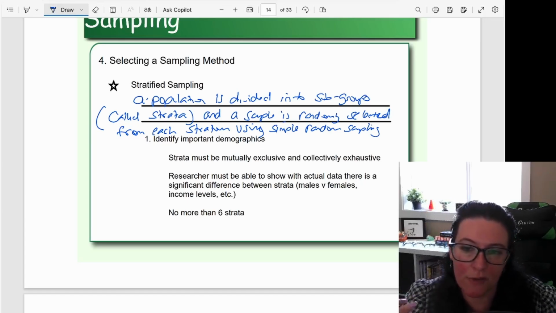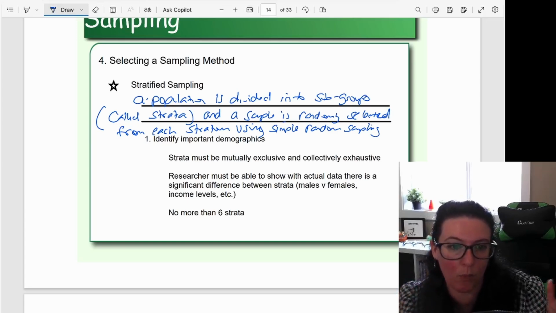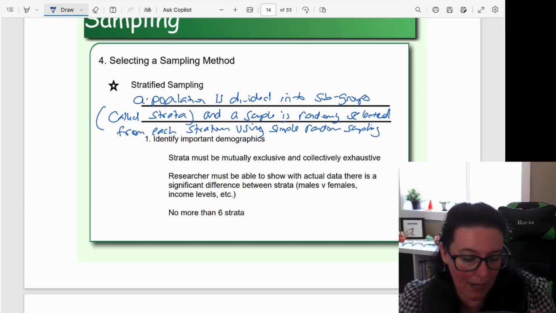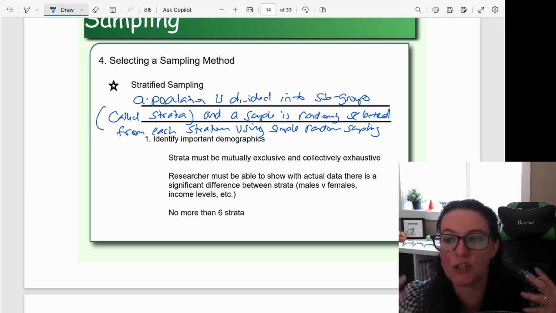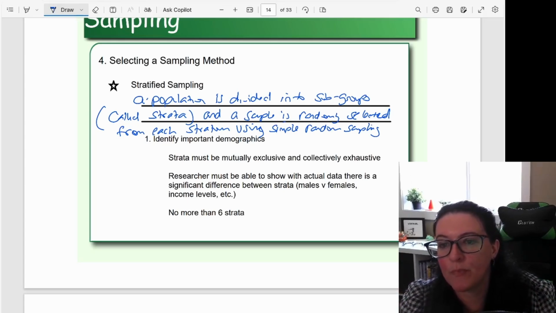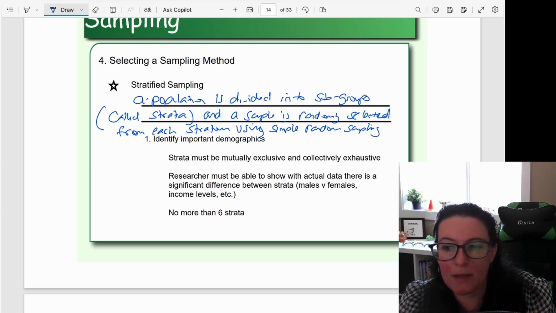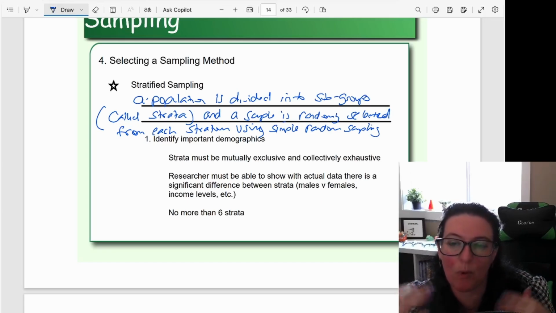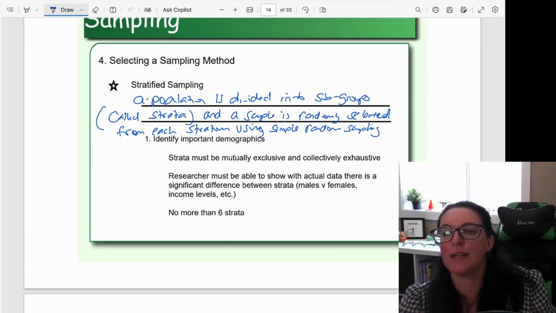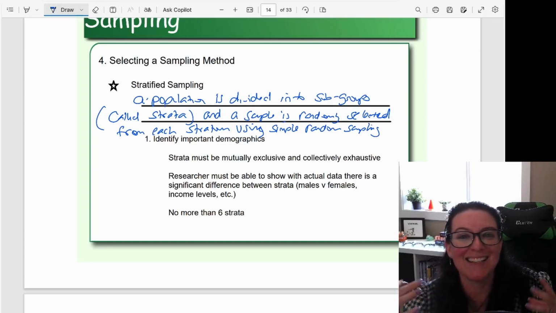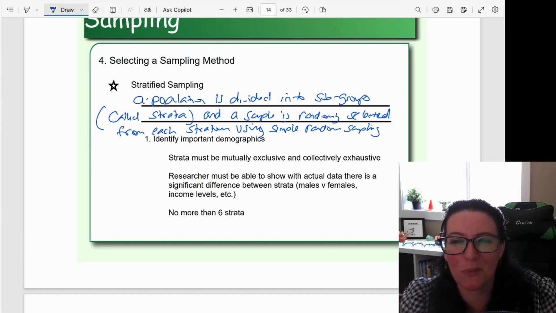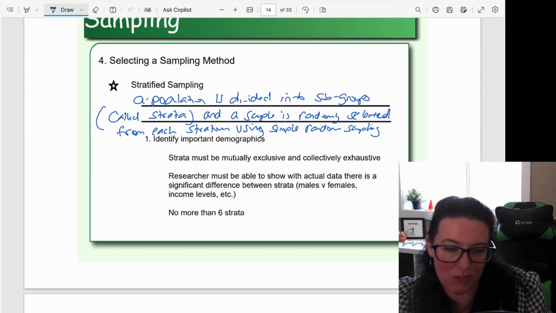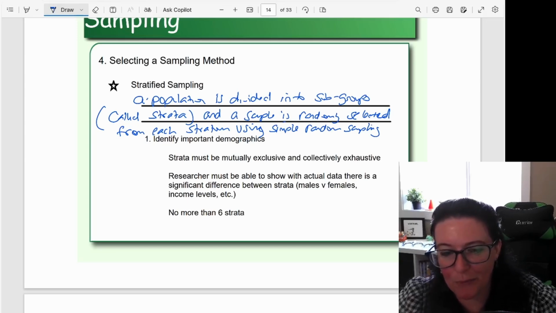Or maybe there are differences based on income level, gender identification, or the city they're in. So we look at what we are trying to represent in the sample. We need some information or data that shows there is a statistically significant difference with those groups in order to prioritize that representation in the sample.